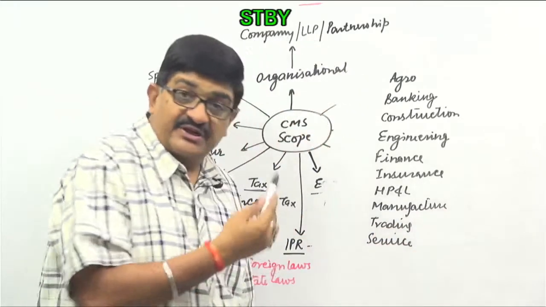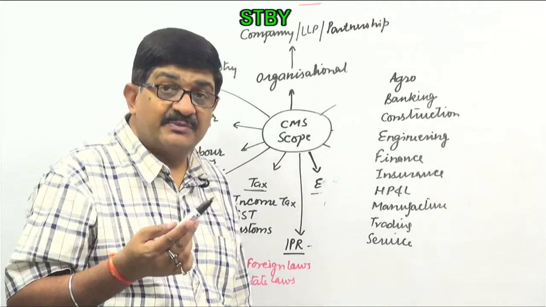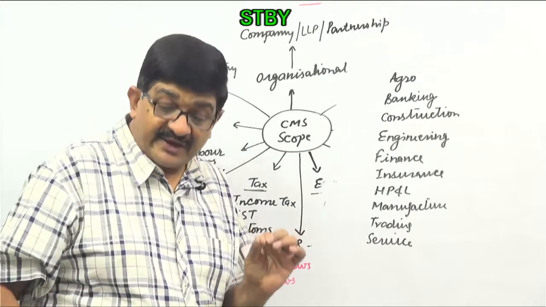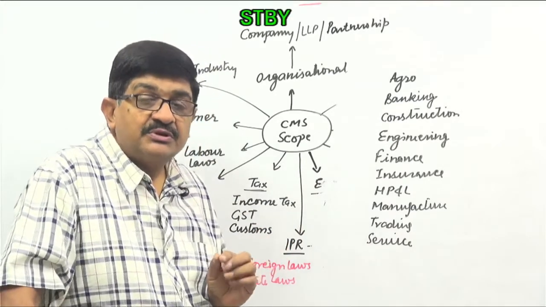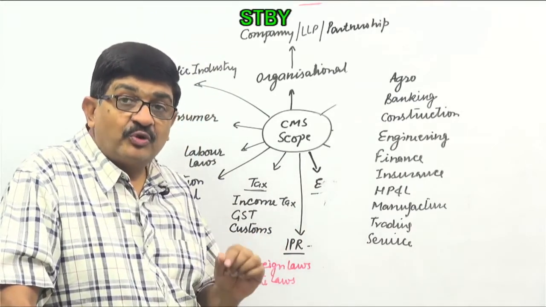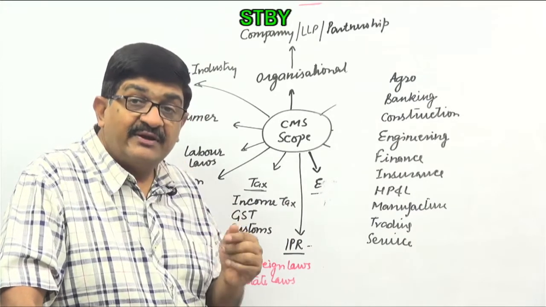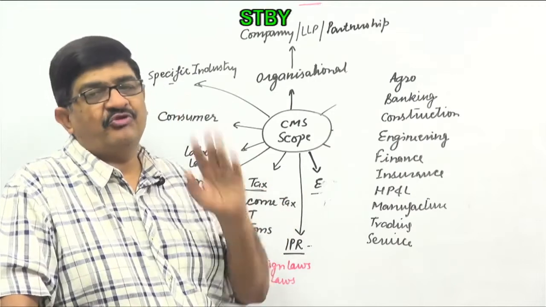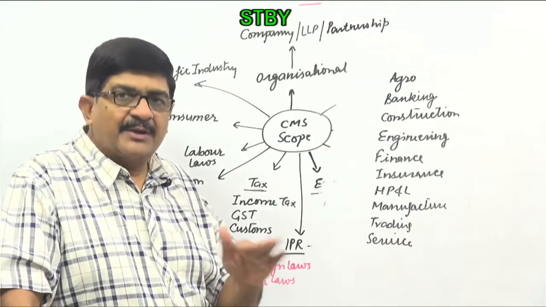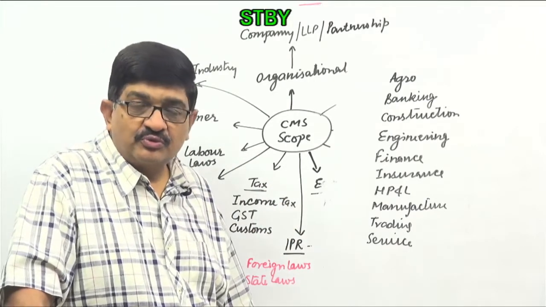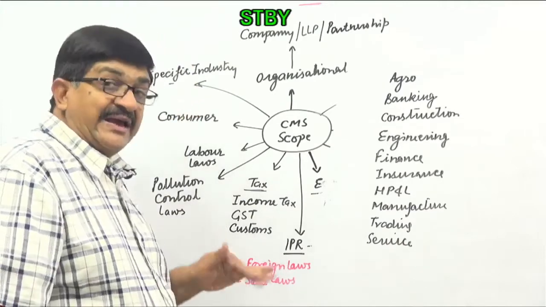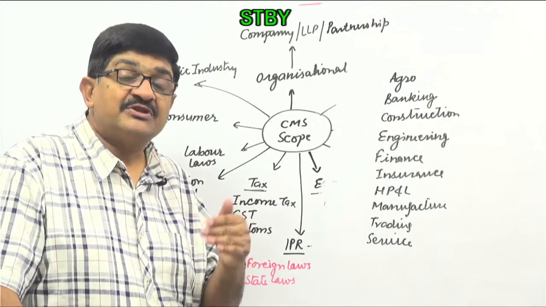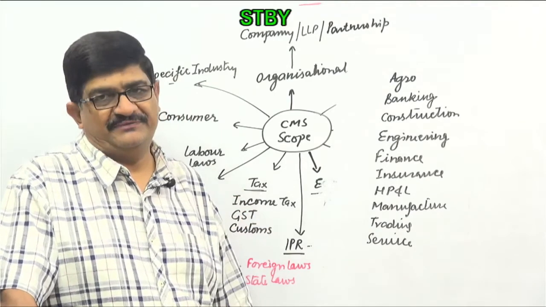Now in services there is no end to how many types of services can be there, and for everything there may be special laws. You have to be very particular about the organization for which you are working, or your clients, and you have to be aware of the laws applicable to that establishment depending upon the scope of work that is assigned to you. But as much as you know about the laws applicable there, you will have that much value created for yourself.